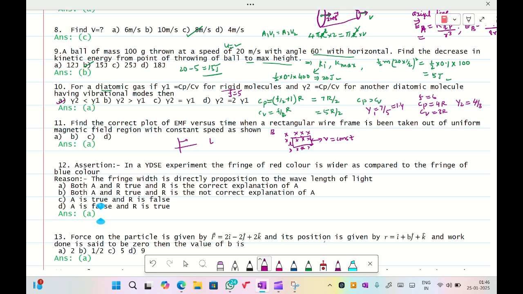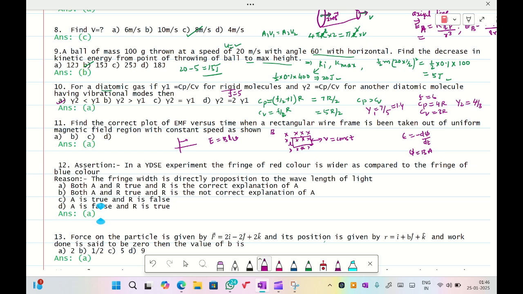The induced EMF formula is E equal to BLV. Actually, according to Faraday's law, EMF is d phi by dt, where phi is the magnetic flux, equal to BA.